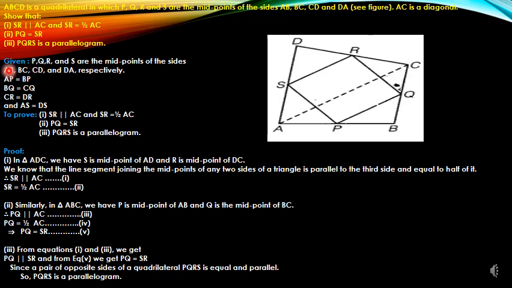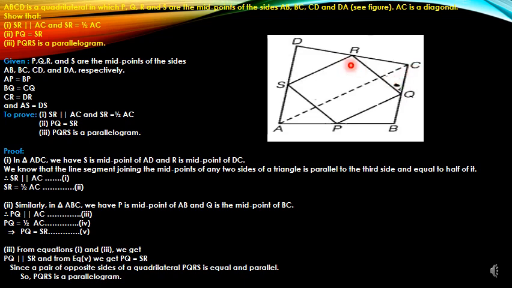Initially we should be starting by writing given. What is given here? P, Q, R and S are the midpoints of the sides AB, BC, CD and DA. Since P is the midpoint, what can be equal in these line segments? AP will be equal to PB. Similarly, BQ will be equal to QC.